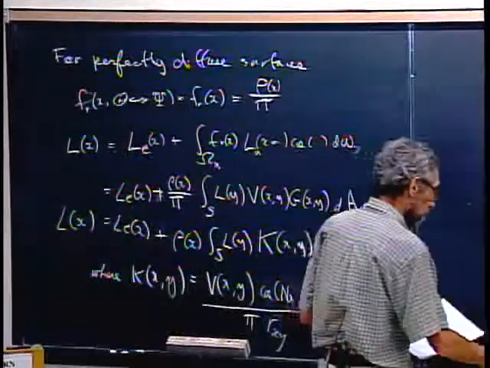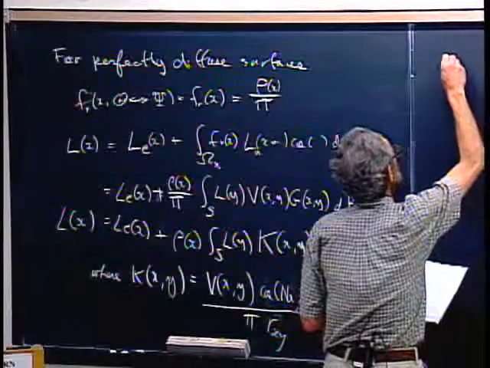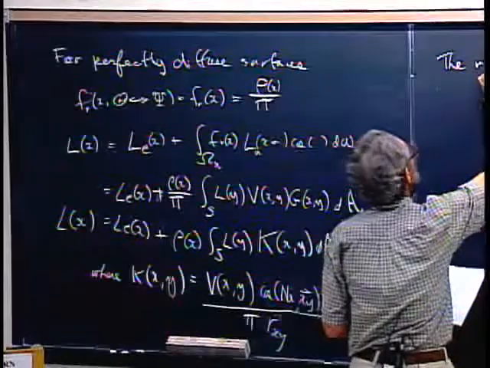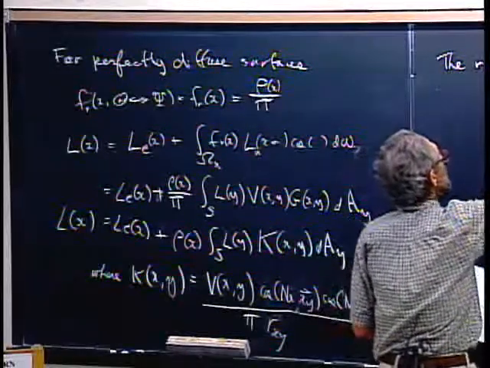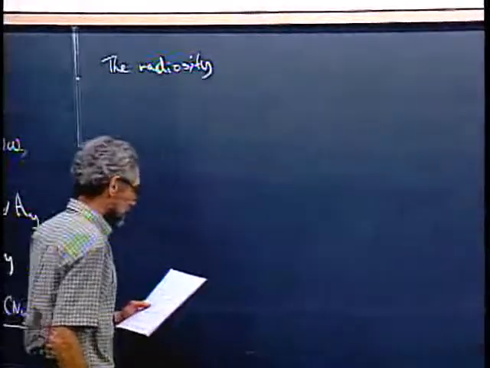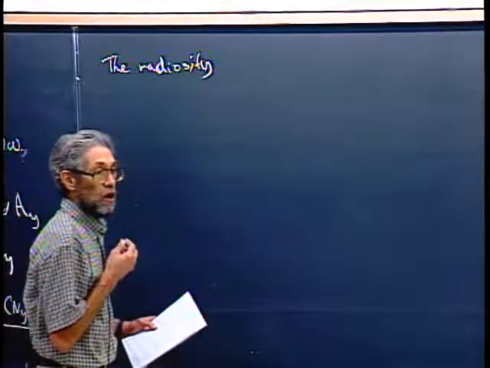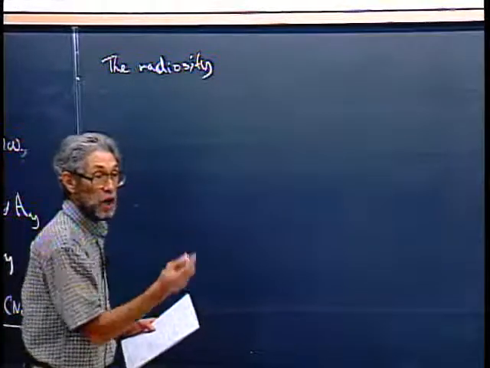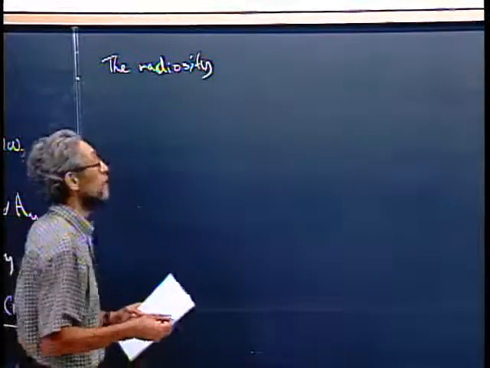Okay, so now let's go back to the definition of radiosity. By definition, the radiosity leaving a surface is the total flux leaving over all solid angles, integrated over the hemisphere.